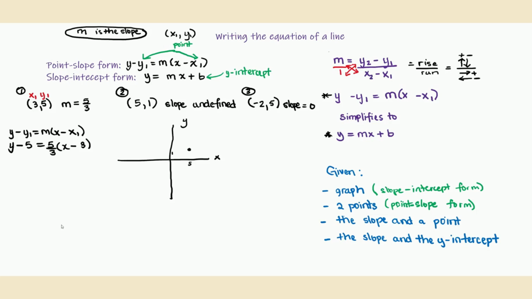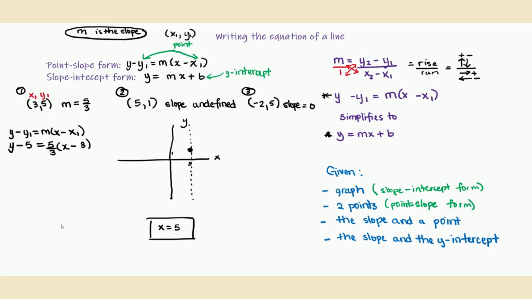So if I were to draw a vertical line through this point, then really this is at x equal 5, and so the equation of this line is just x equal 5. Again, lines with undefined slopes are vertical lines, and so that would just occur at x equal 5, and this would be the equation of that line.